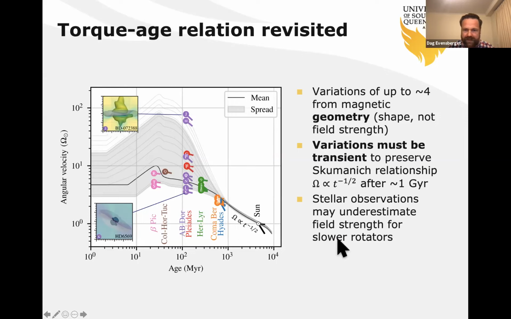We do also see that the stellar observations may underestimate the field strength for slower rotators. This is something that other people have observed with Zeeman Doppler imaging as well. And it's interesting to see on this particular plot how some of the stars in the Coma Berenices and the Hyades, these about 600 million years, don't have sufficient angular momentum loss, although there's also one here that has a very high value.